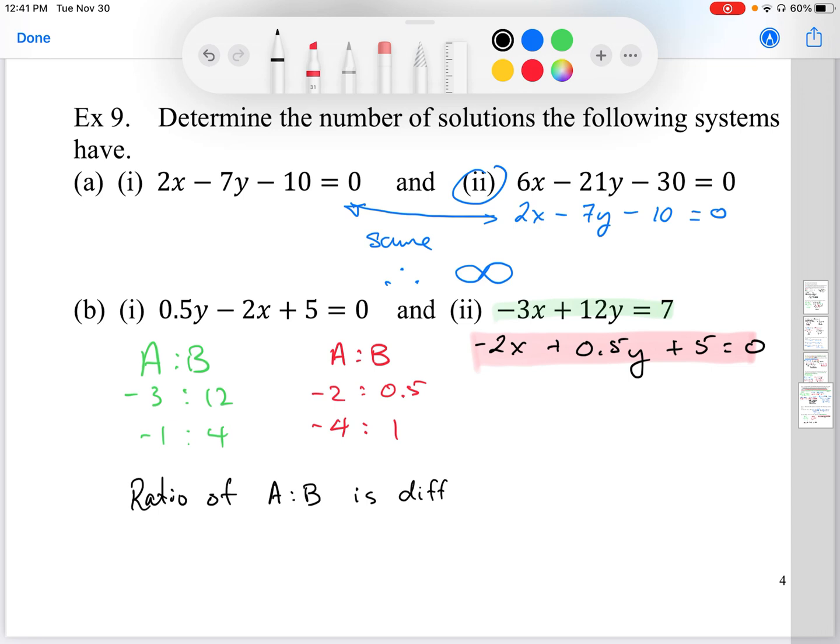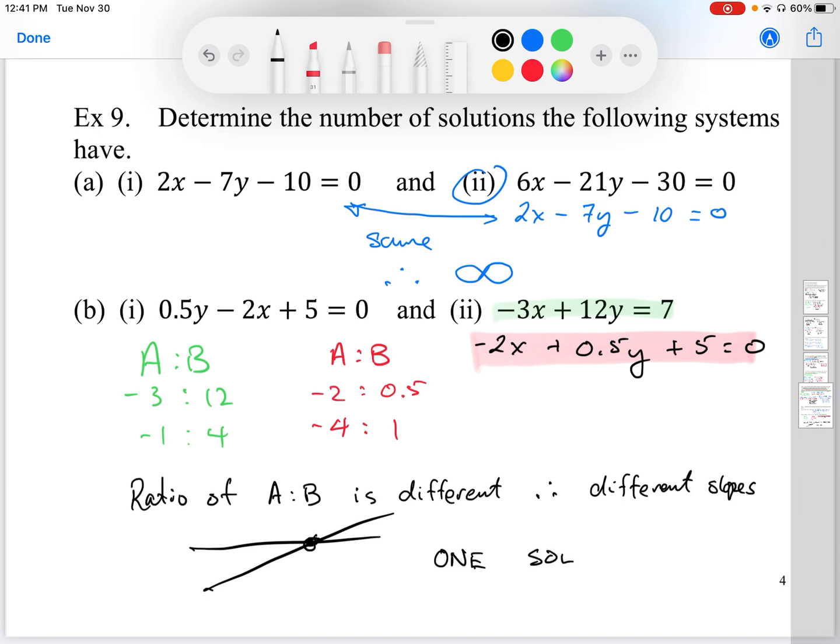And if it is different, that means it has different slopes. So therefore, different slopes. Okay, if they have different slopes, there is one solution. We don't know where it is, but we know it definitely has one solution.